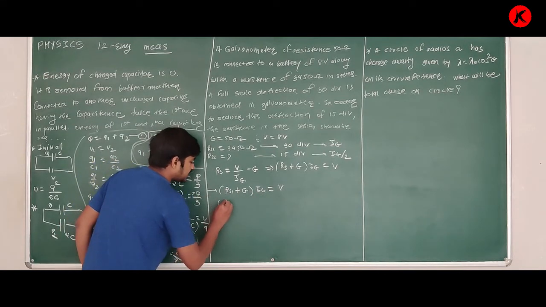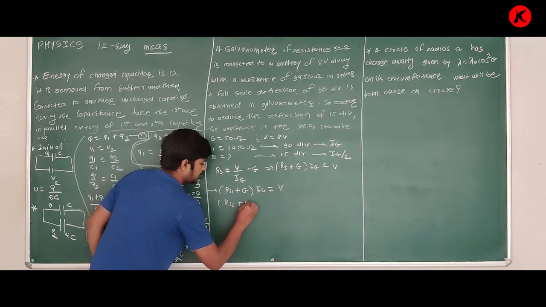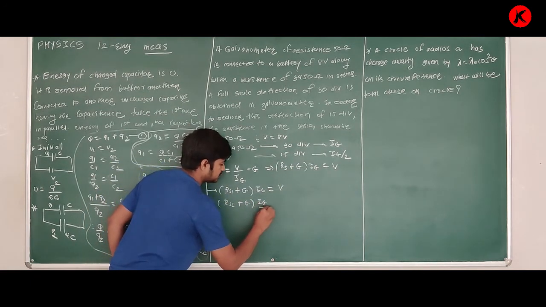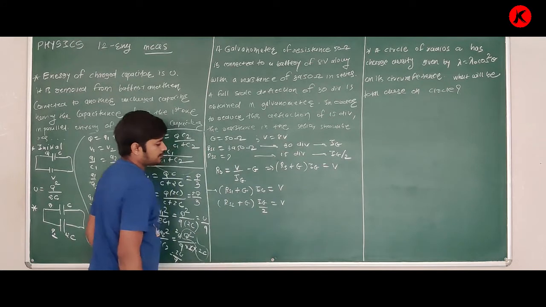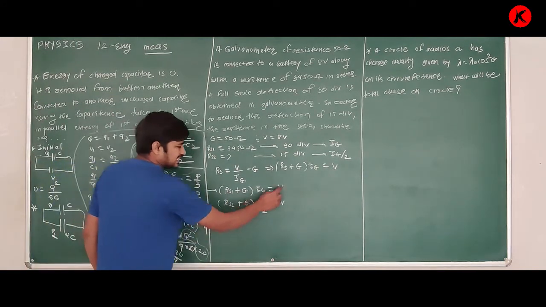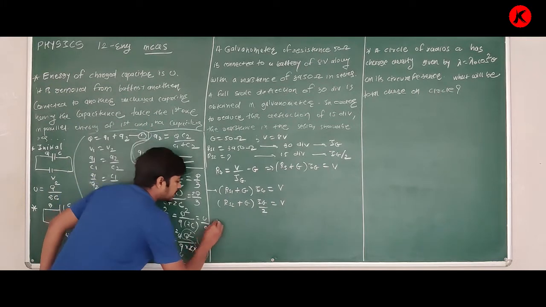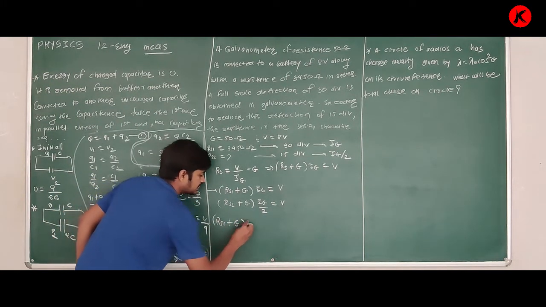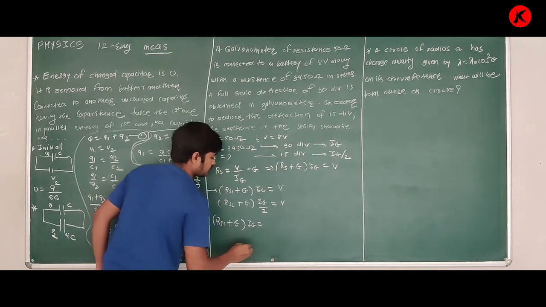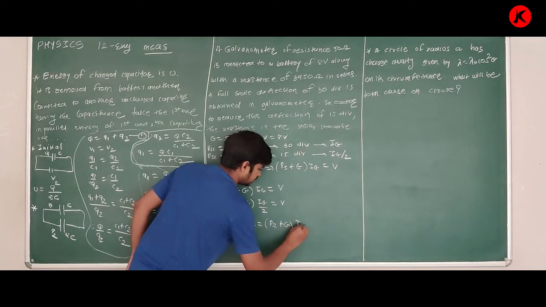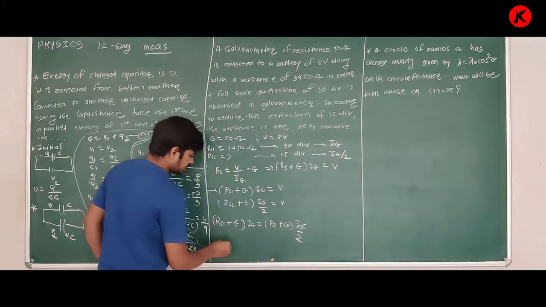For the second, I can write (RS2 plus G), now with current capacity reduced to Ig by 2, is equal to V. So if we compare these two equations, I can write (RS1 plus G) Ig is equal to (RS2 plus G) Ig by 2. Ig cancels.